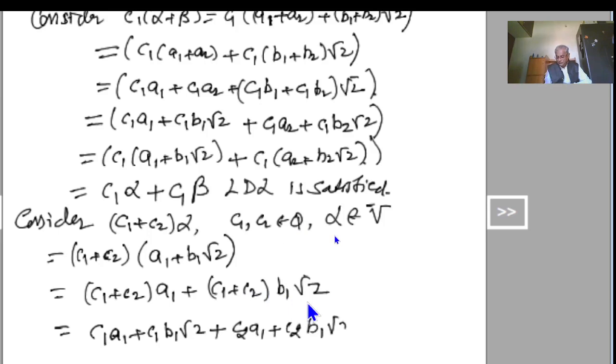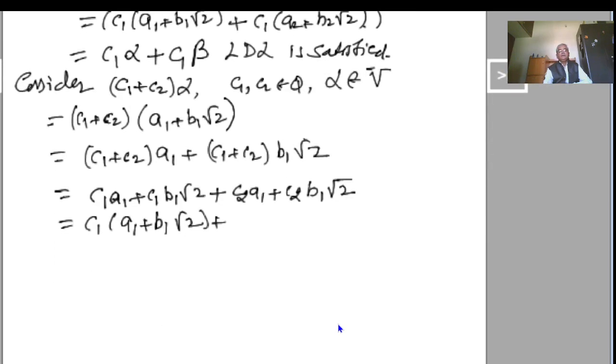This is equal to C1 into (A1 + B1 root 2) plus C2 into (A1 + B1 root 2). Okay.